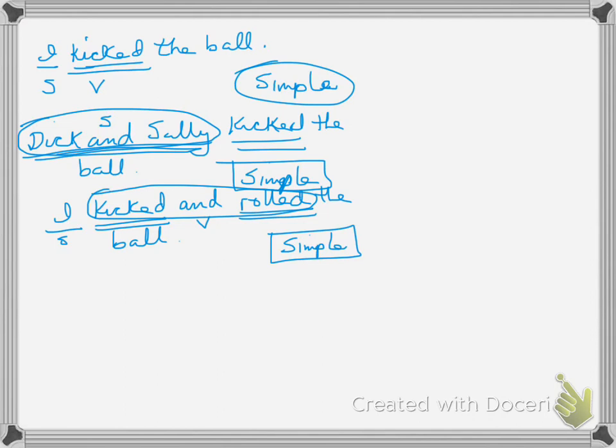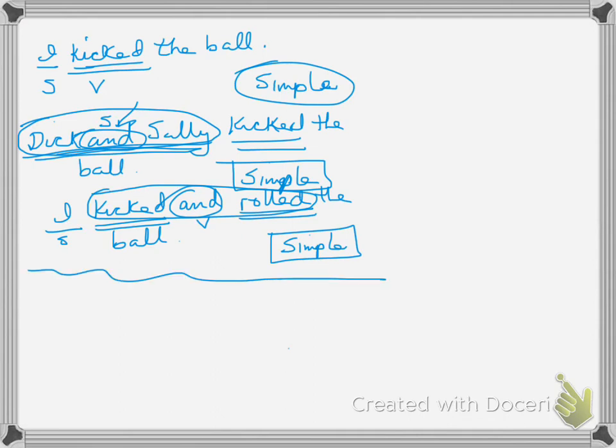Notice going back, when I had my compound subject, I joined them with an and. I could have joined it with an or also. And when I have my compound verb, I joined it with an and. I could have joined it with an or. So the main point here is a simple sentence can have compound elements, either a compound subject or a compound verb.